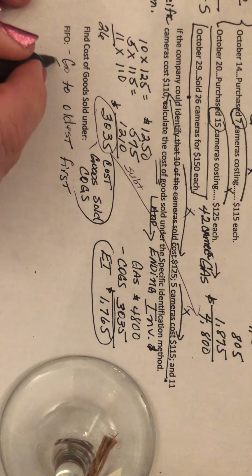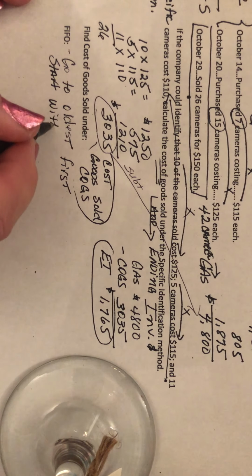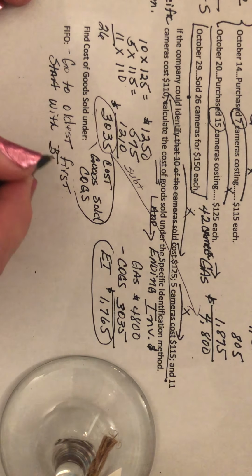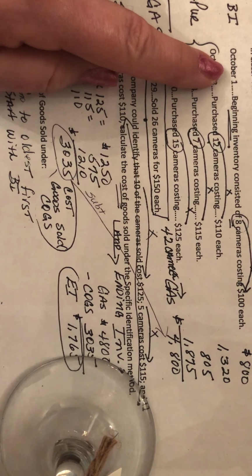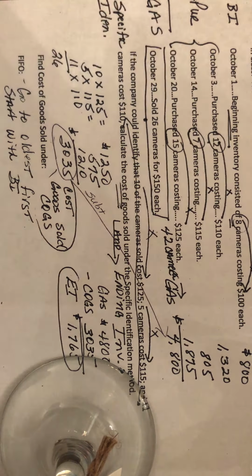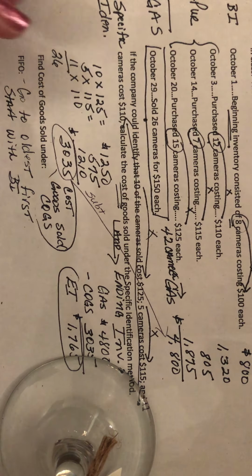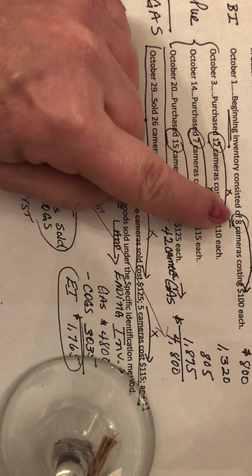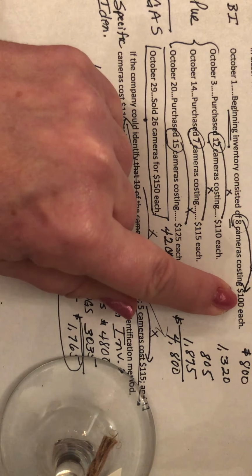So that means you want to start with beginning inventory. Okay, that's the oldest. If you look at the dates, we had that from October the 1st. Now remember, we have to limit it to 26. That's how many we sold. So in our beginning inventory, we had 8 cameras that cost us $100 each.